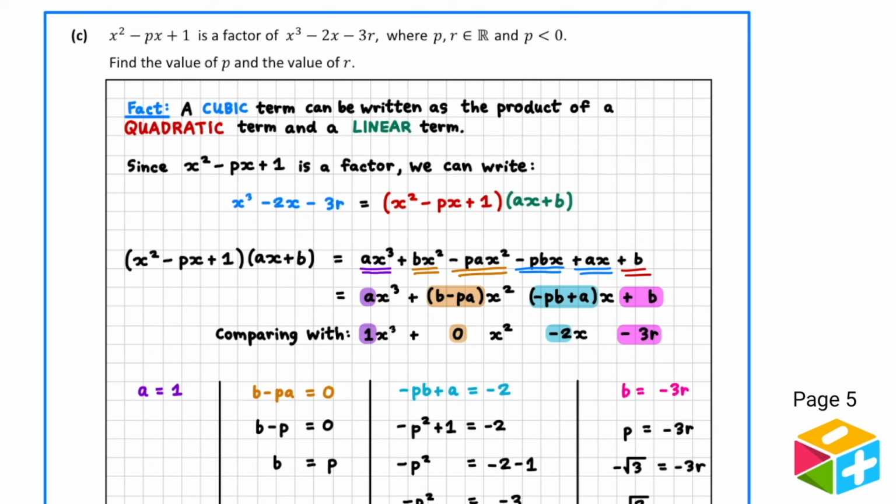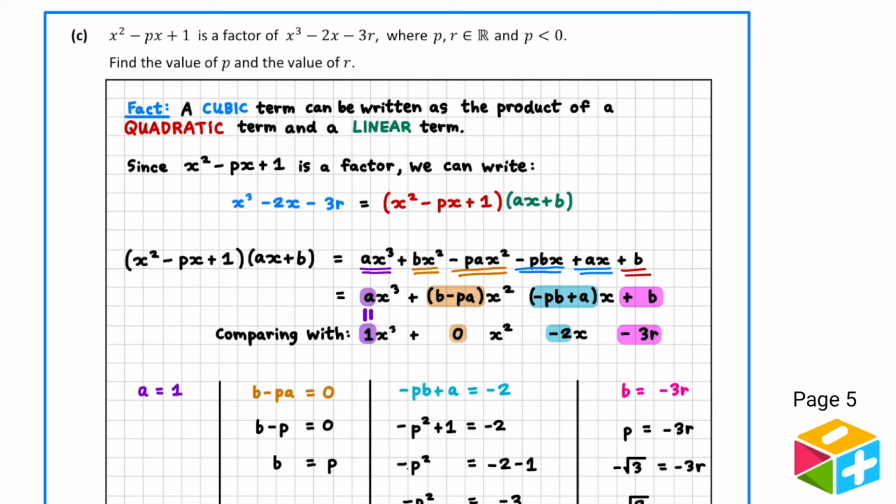The cubic that we were given was 1x cubed plus 0x squared minus 2x minus 3r. We can match the coefficients to obtain four equations. Matching the x cubed term gives us a equal to 1.